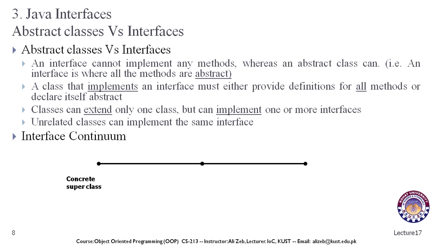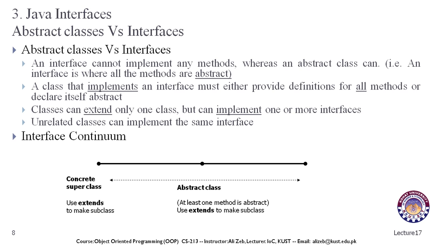So if we look at the comparison, a concrete superclass uses extends to make a subclass. An abstract class can have at least one method that is abstract, and it also uses extends to make subclasses.